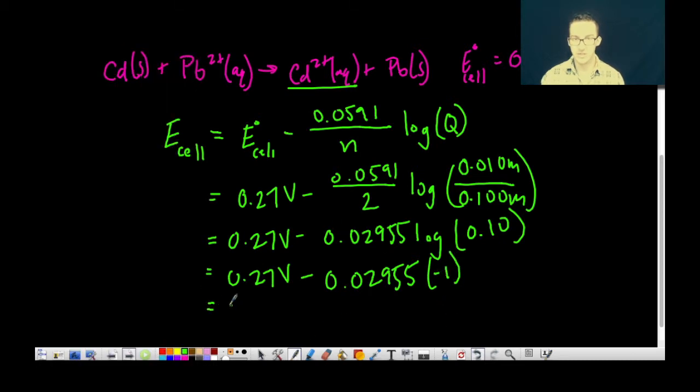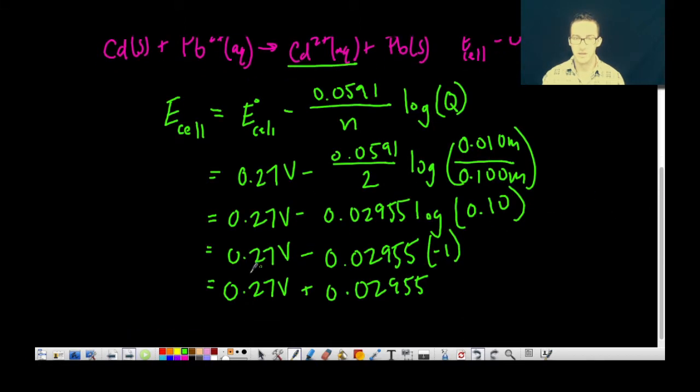And so essentially this is 0.27 volts plus 0.02955. And so our cell potential under these non-standard conditions is positive 0.30 volts.